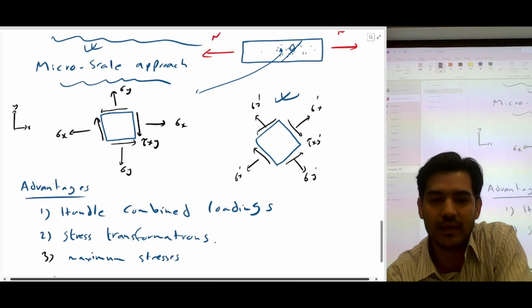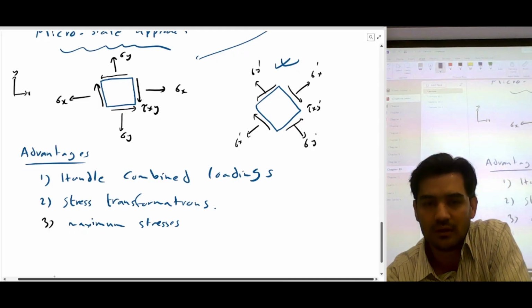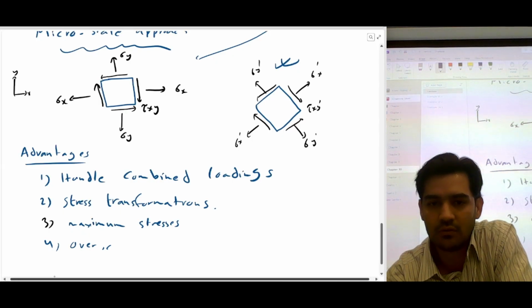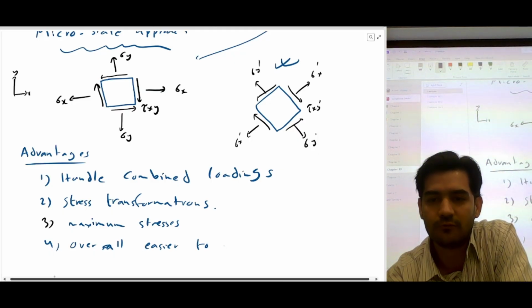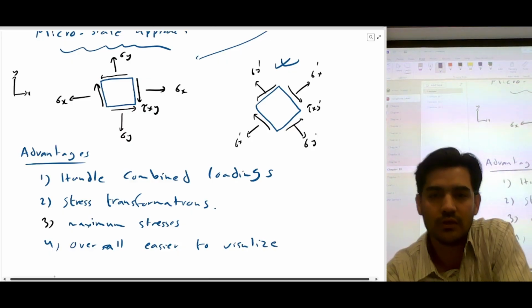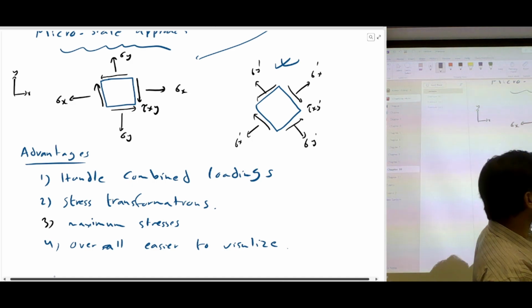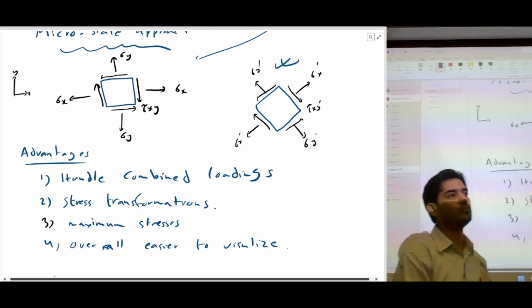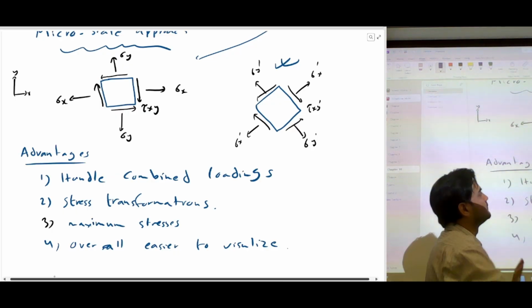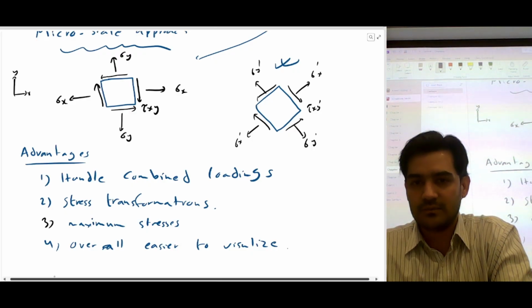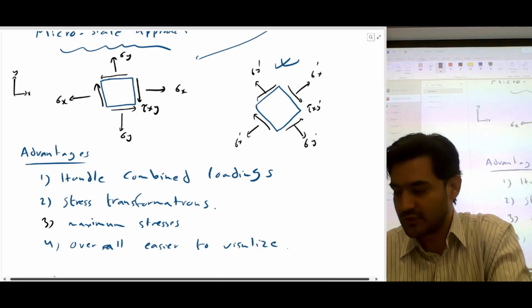We can easily calculate maximum stresses, and overall it's easier to visualize. So once you have all those combined loadings, you can just put the stresses on the stress element, and then it's easier to visualize. And also when we talk about Mohr circle, you can draw those figures and see where you're getting the maximum stresses and the rotation of the maximum stresses.